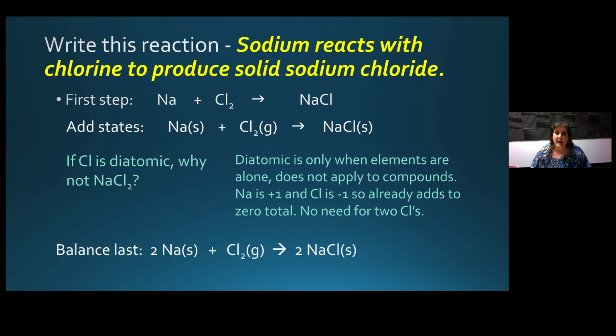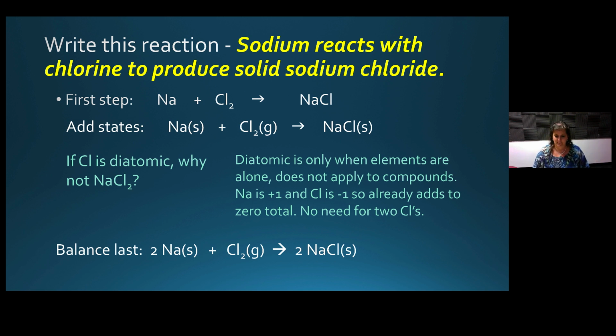Now we got to fix the Na's. We've got 2 NaCl's on the product side, so we got to put a 2 in front of sodium on the reactant side, on the left side. That gives us 2 Na's now on both sides. So the whole thing is 2 Na solids plus Cl2 gas, arrow, 2 NaCl solids.